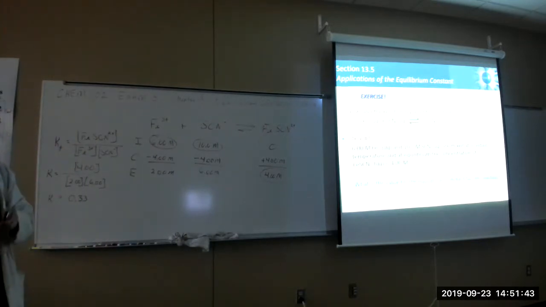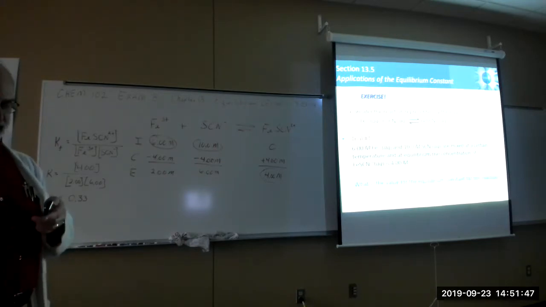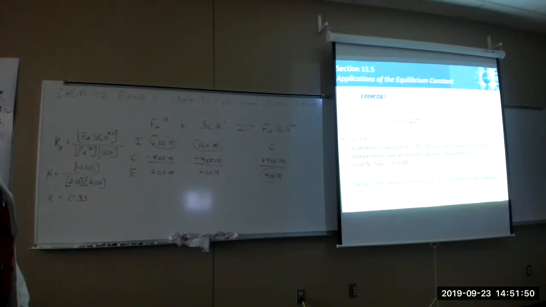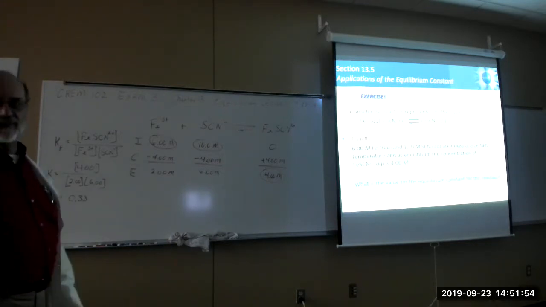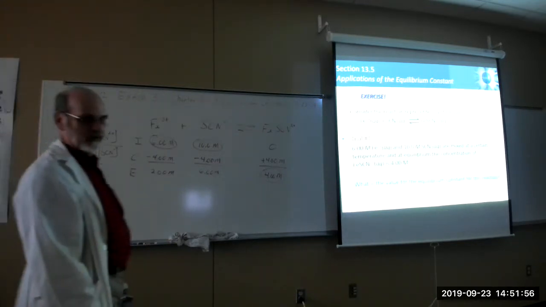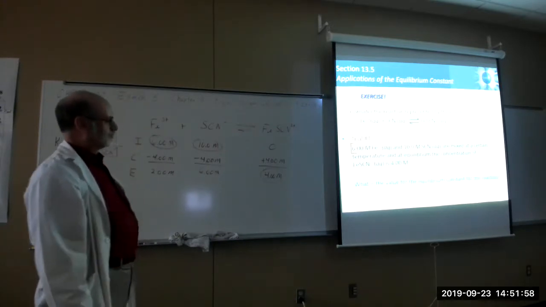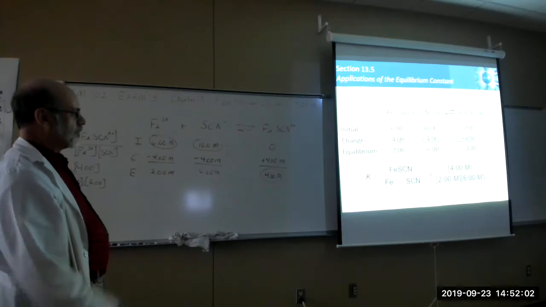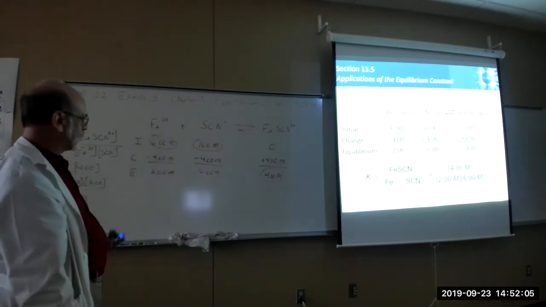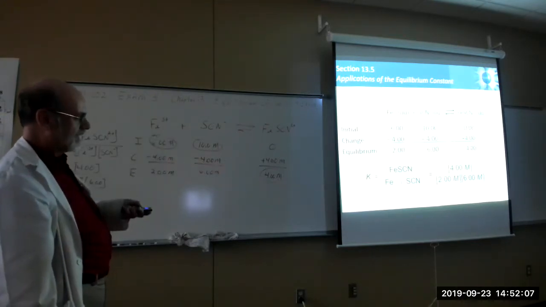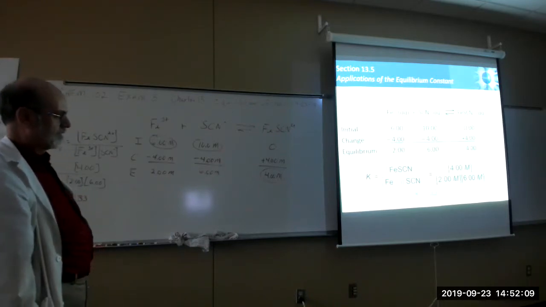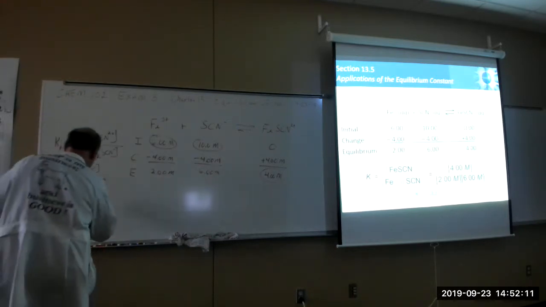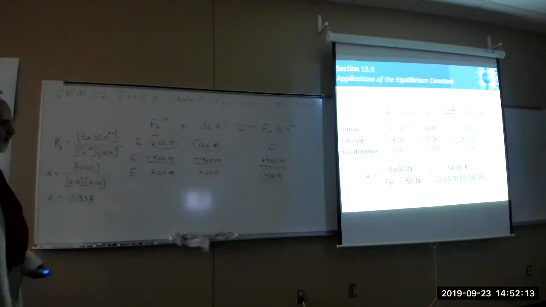So it can come in several forms, but the ICE table is a very powerful technique, and we'll use it many times over, not just in this chapter. So don't forget it once we leave this chapter. This slide gives you the ICE table set up just like we did here, and then the calculation produces that value. We'll go to 3 decimal places.